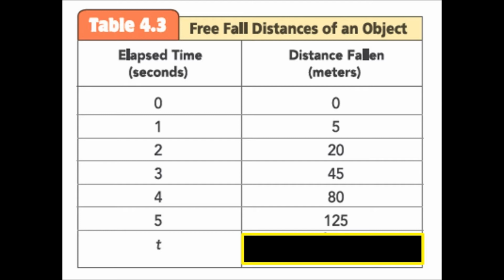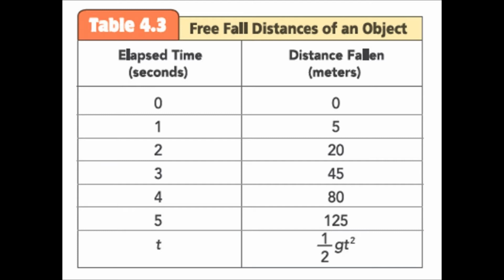But what's important to note here, even though it gives away the answer, is that the distance will equal a square function, in this case 1/2 g, which is the constant, times t squared. So the relationship between d and t is direct, but it's also parabolic.